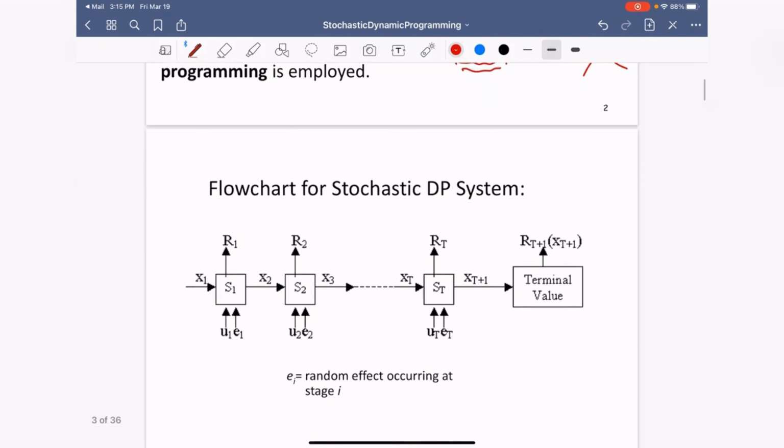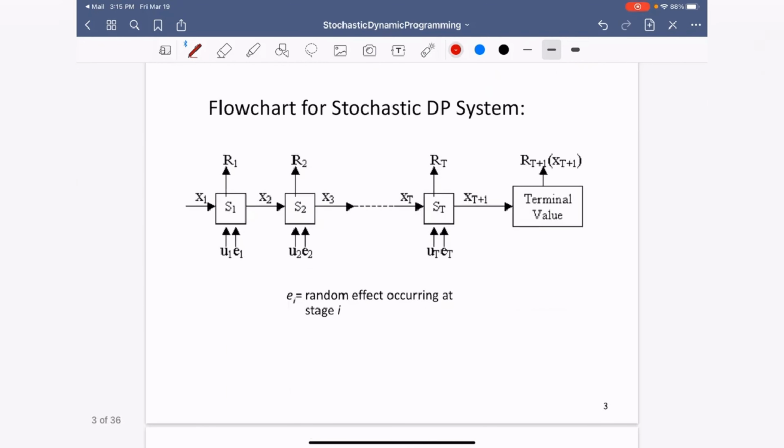The flow chart for stochastic dynamic programming is very similar to that for non-stochastic programming. The only difference here is that this error term enters in, these E1, E2, E3, etc., which is the random effect that occurs at any particular stage.